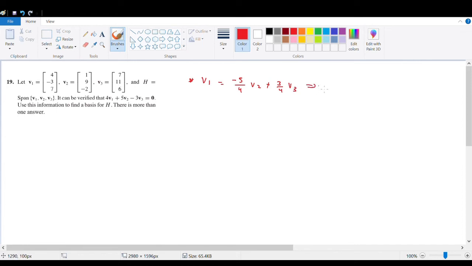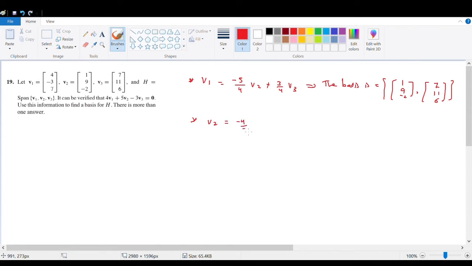So from here the basis is v2 and v3, which is 1, 9, minus 2, and 7, 11, 6.